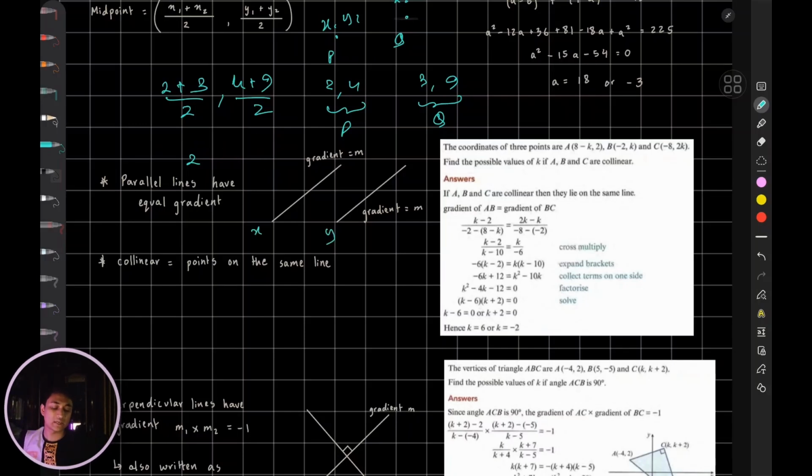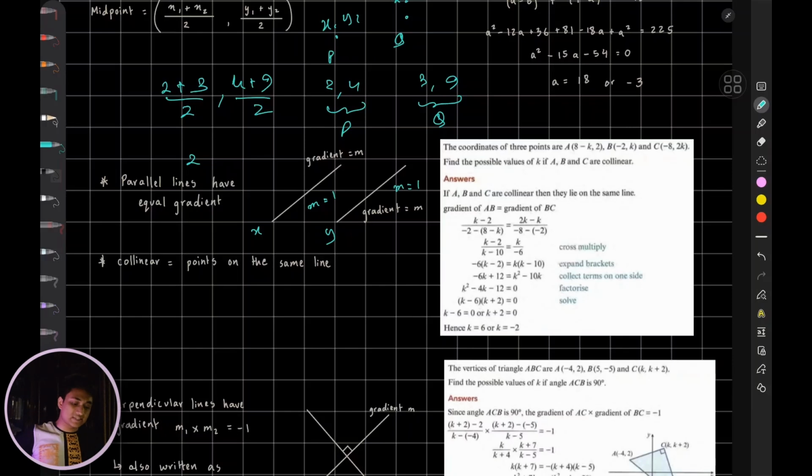Now, since they have the same gradient, let's say the gradient is equal to 1. What does this mean? This means that both these lines are never going to meet. That is, they're never going to collide or intersect at any given point.